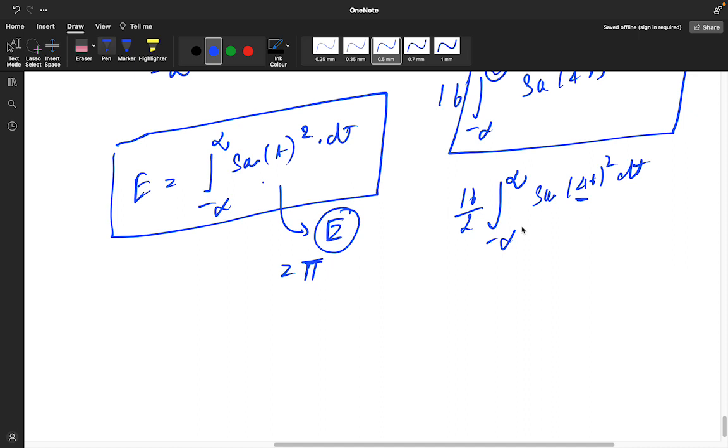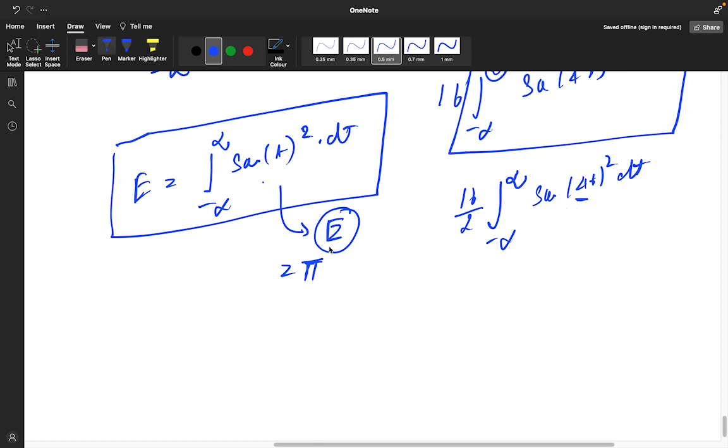Okay. And I told you, if you have a scaling factor in energy, what will happen with the energy? It will divide.